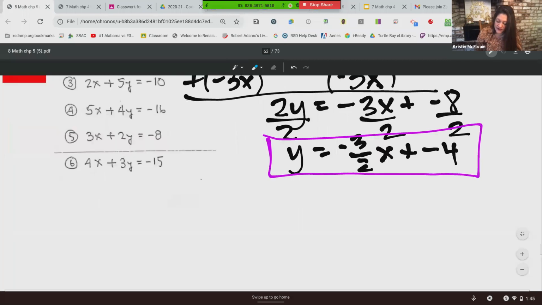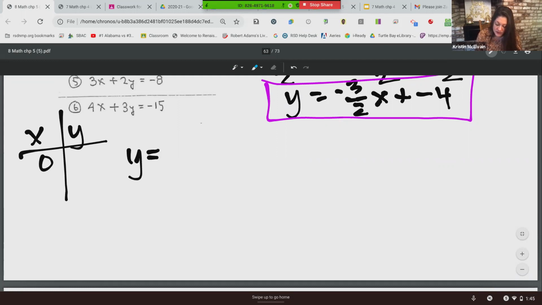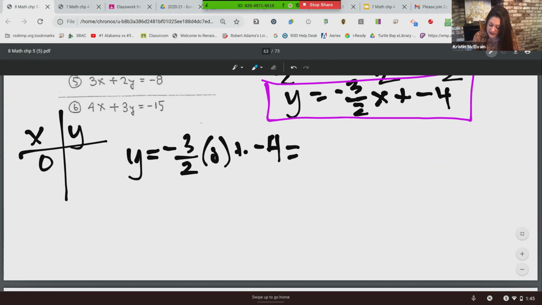And now we are going to figure out 2 points that live on that line. First input we will use is 0. -3 halves, our x is 0 plus -4 equals -4. Since anything times 0 is 0. Okay, next value I'm going to use is a 2.